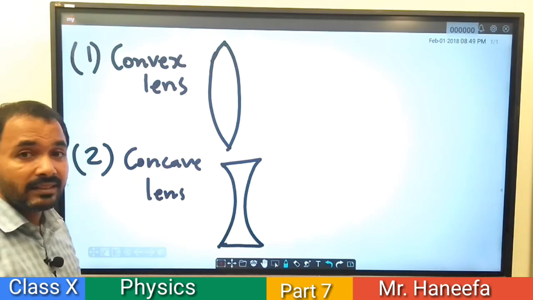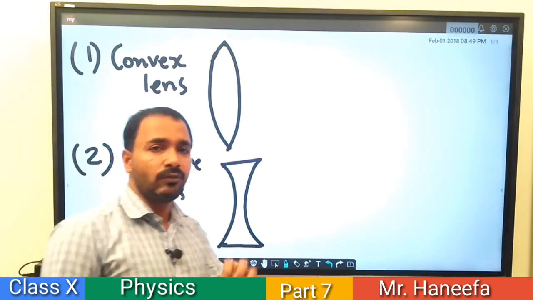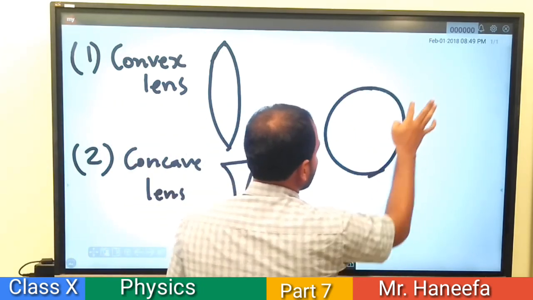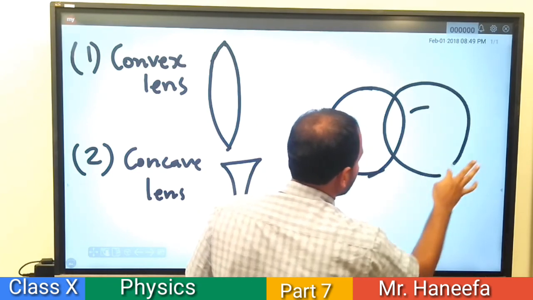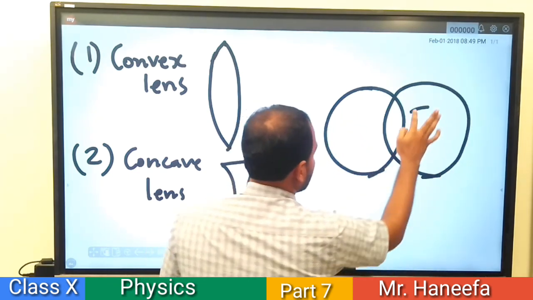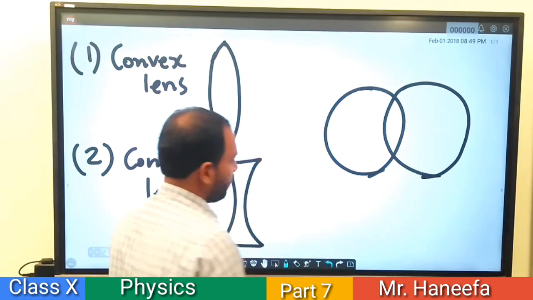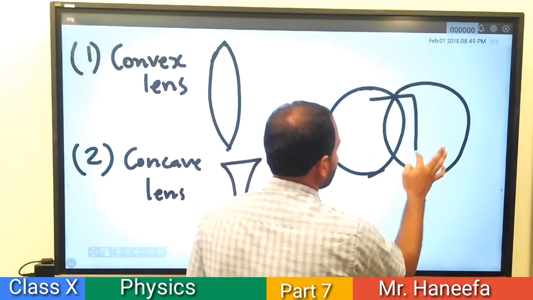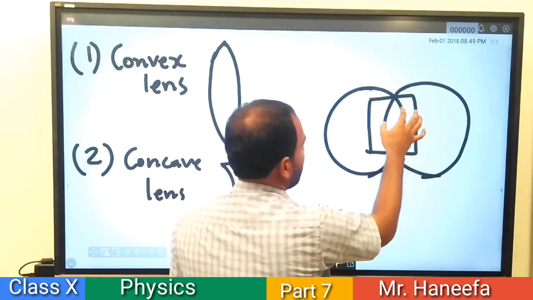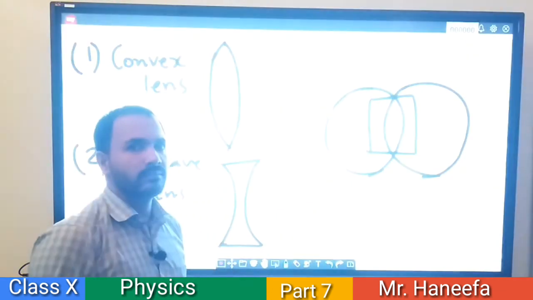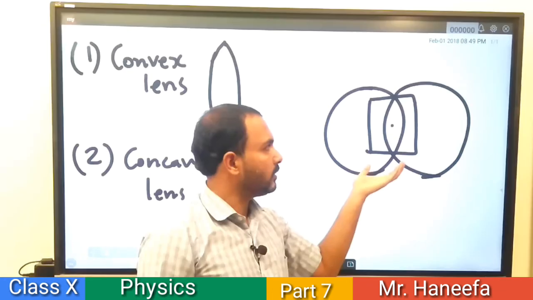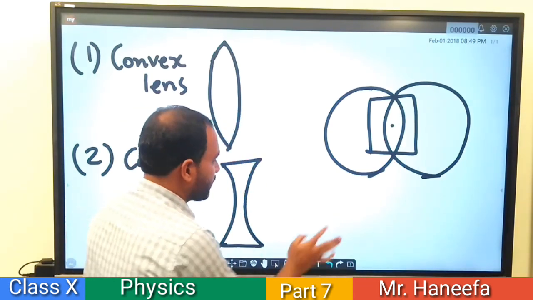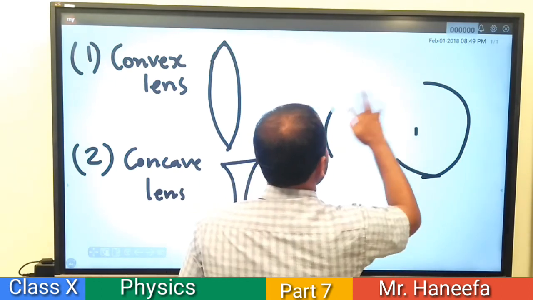Convex and concave lenses are parts of a sphere. For example, we consider two spheres. Here is one lens, called a convex lens. So a convex lens is part of a sphere.